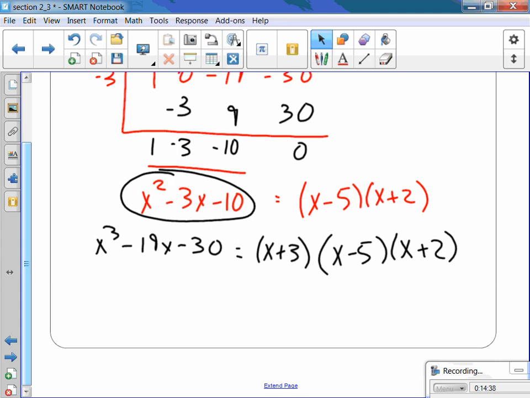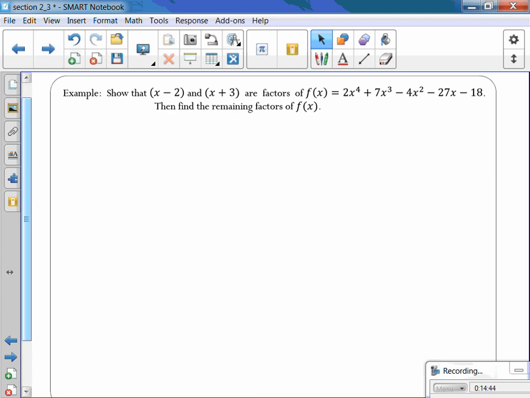Here we want to show that x minus 2 and x plus 3 are factors of f of x, which is 2x to the 4th plus 7x cubed minus 4x squared minus 27x minus 18. Starting off with the x minus 2, we have 2, and then our coefficients 2, 7, negative 4, negative 27, negative 18.